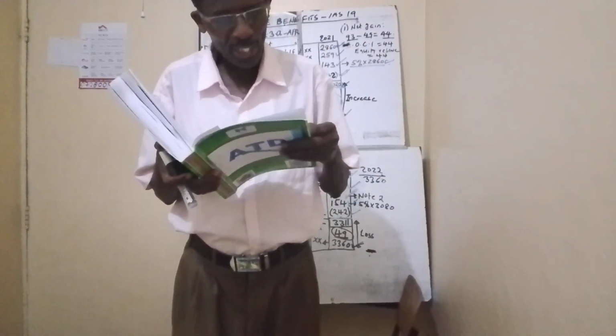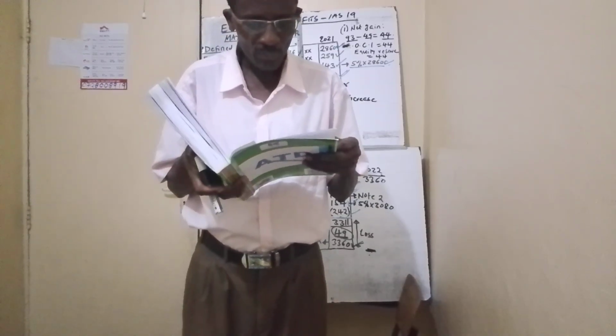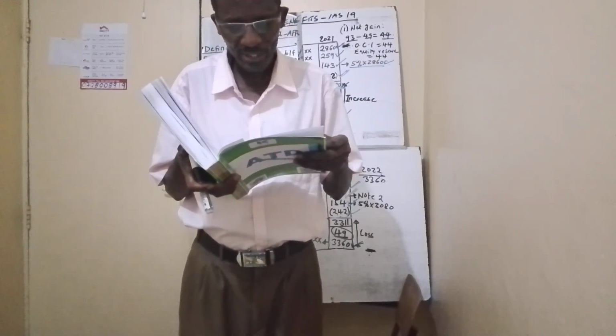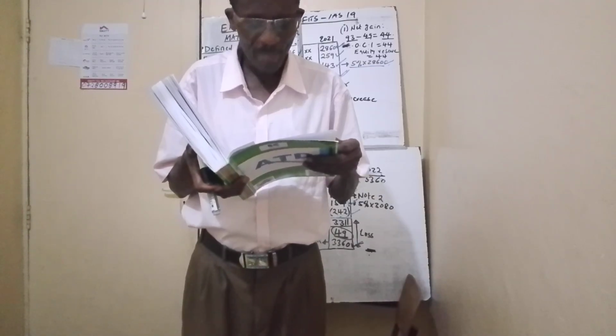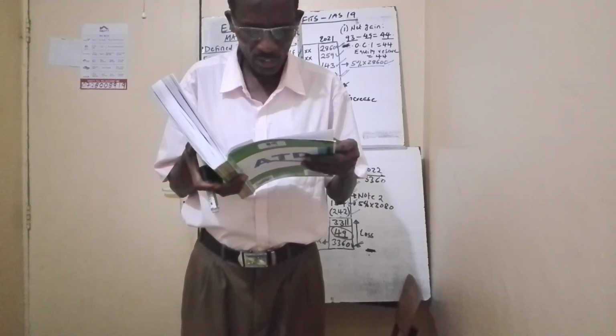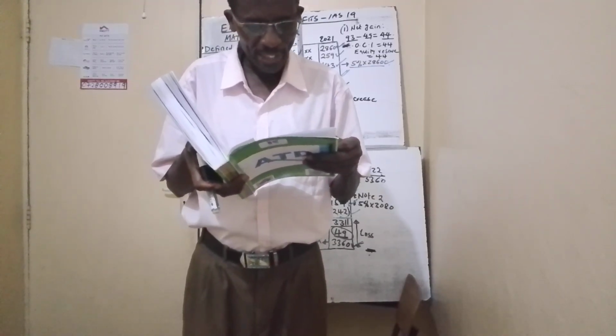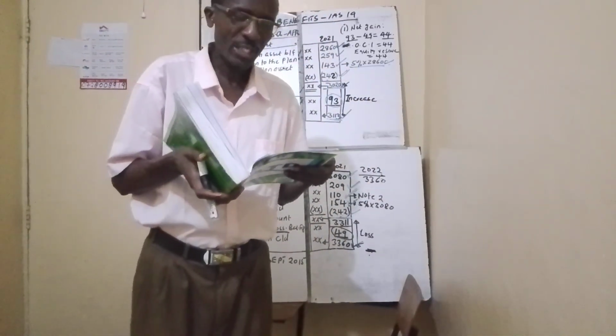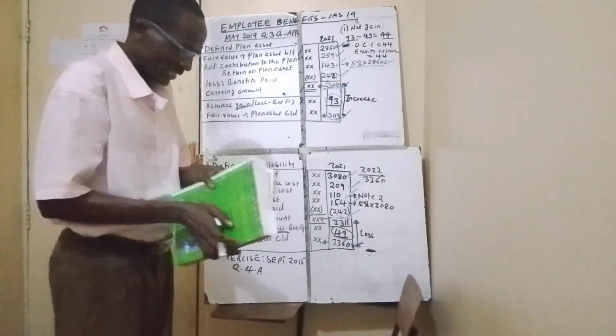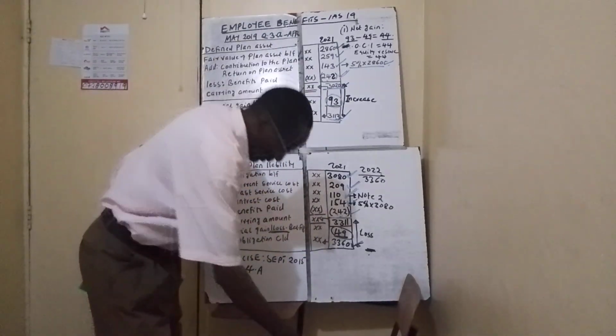Required, calculate the measurement gains or losses on pension plan assets and liabilities that will be included in other comprehensive incomes for the year ended 1st December 2014. And you are given 6 months. Now that is very easy for you.